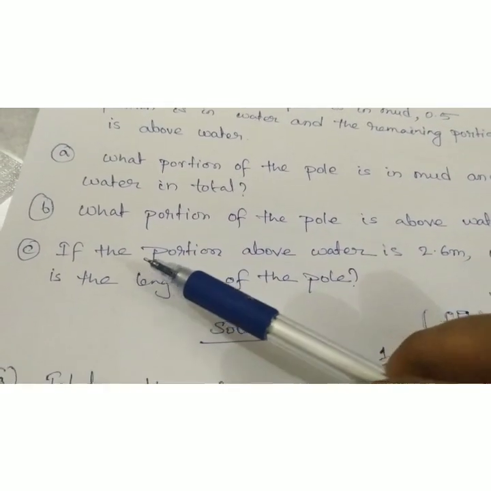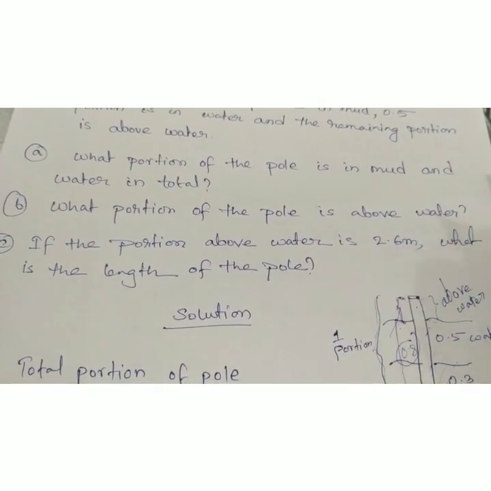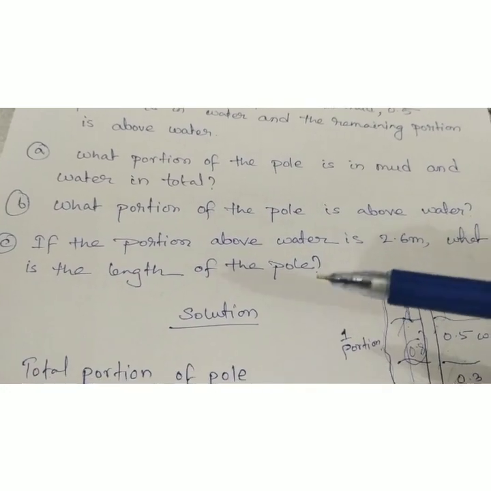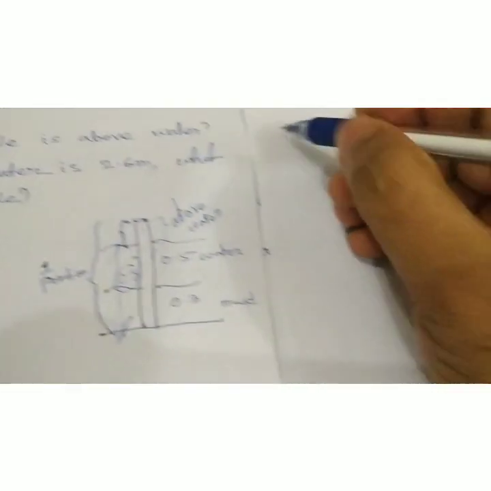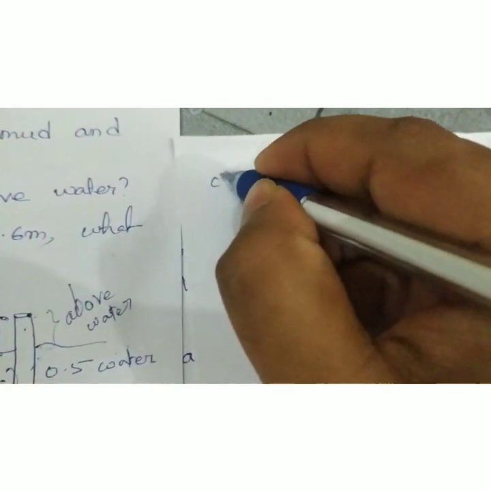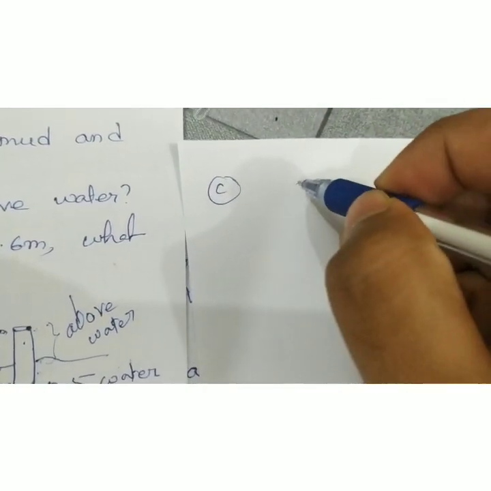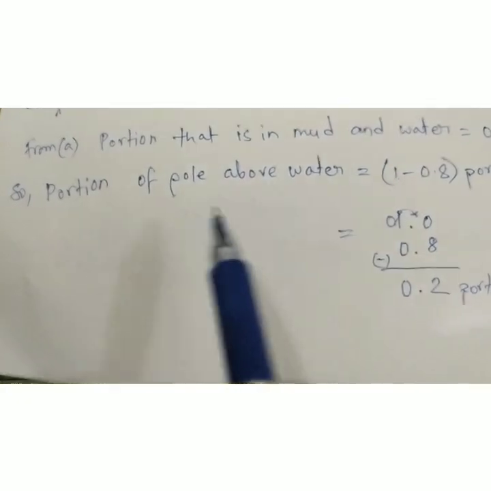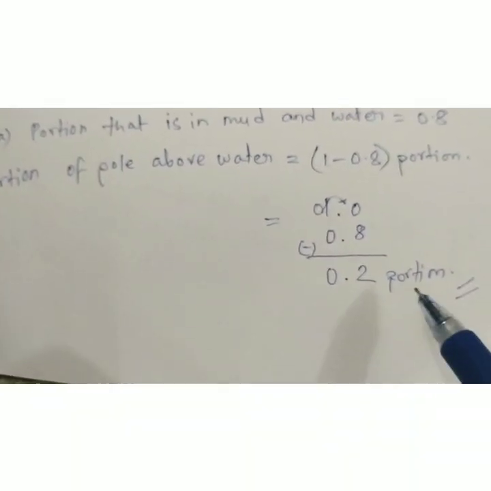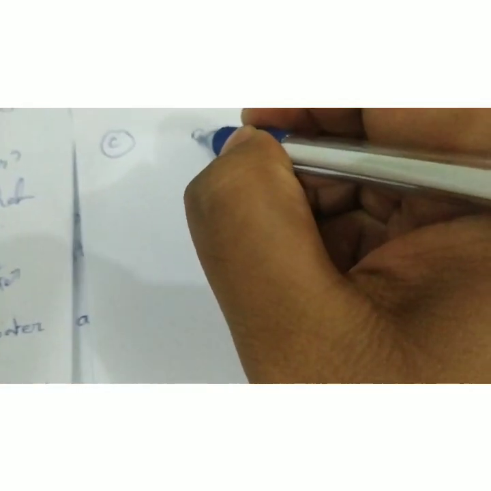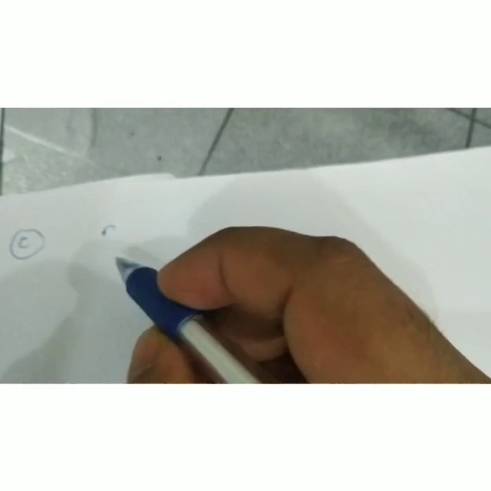So now we can write, we see, since from part B we already got the portion of pole above water is what? 0.2 portion, right?